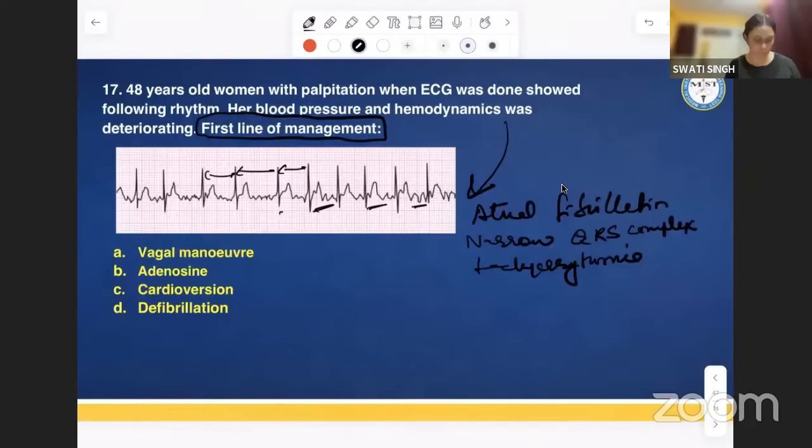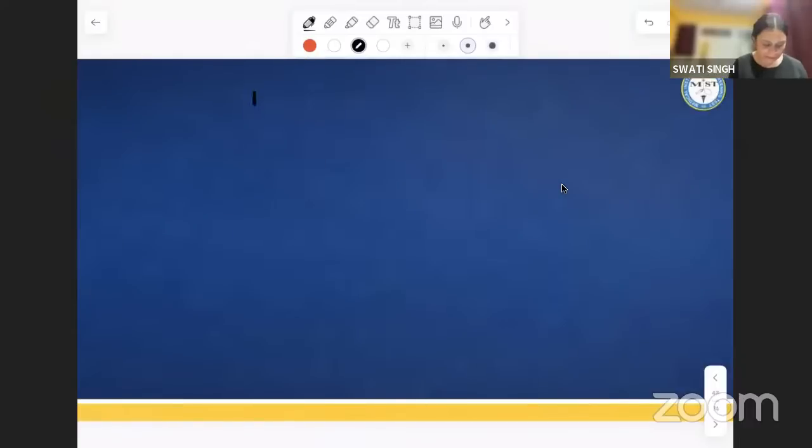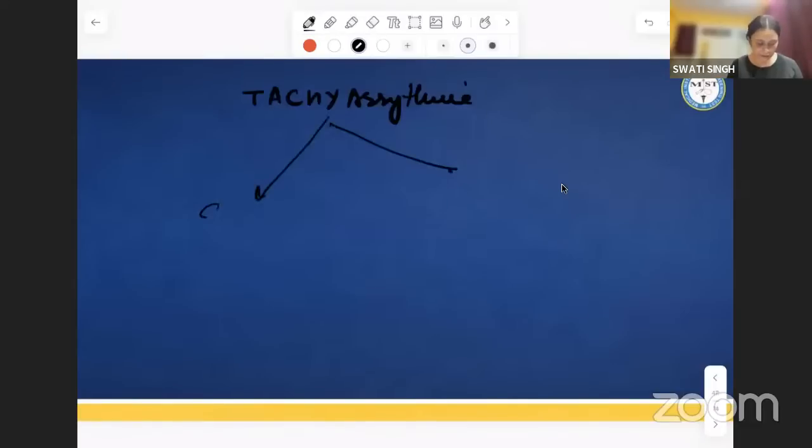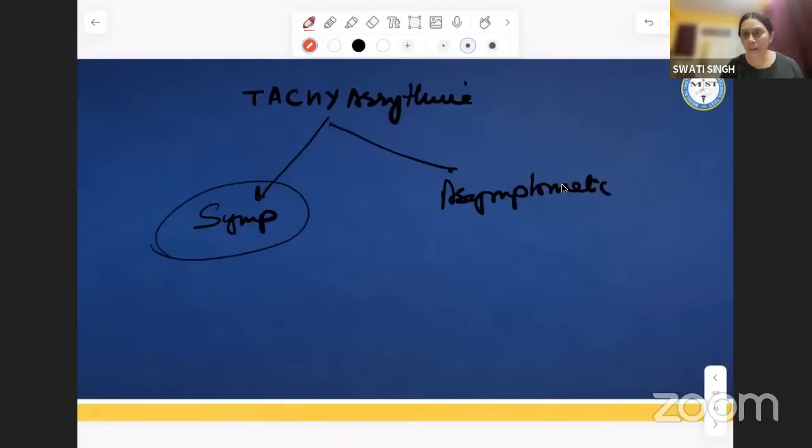In any tachyarrhythmia, we have to see two things. Number one, whether the patient is symptomatic or asymptomatic. Tachyarrhythmia is always treated, whether symptomatic or asymptomatic. But if the patient is symptomatic, we don't bother whether it is AF or PSVT or flutter or VT.